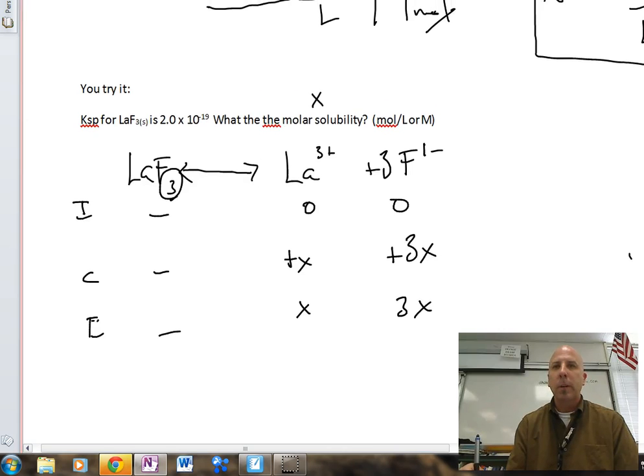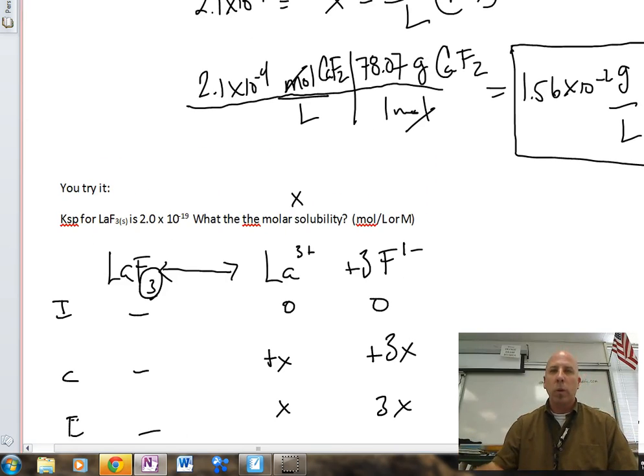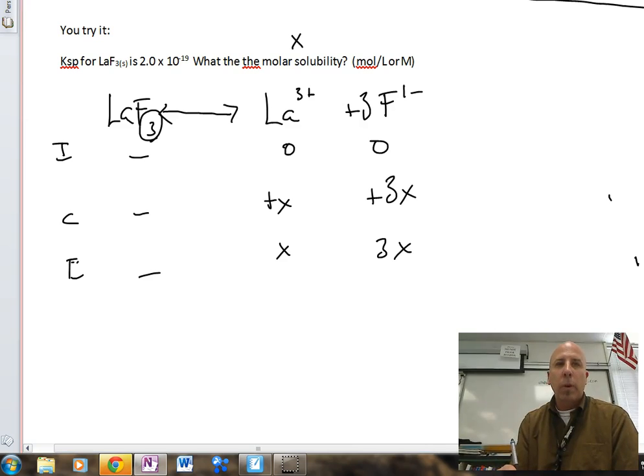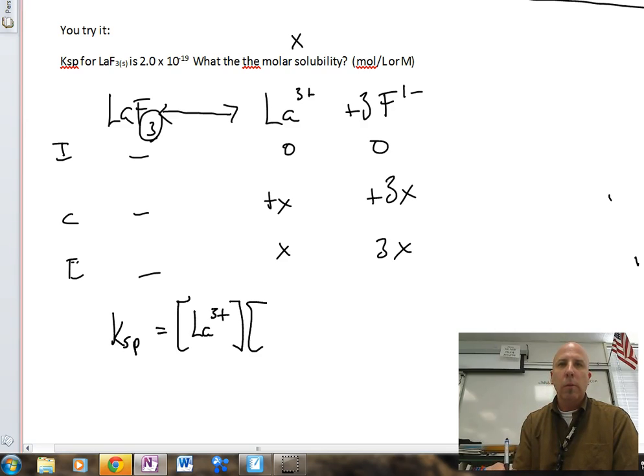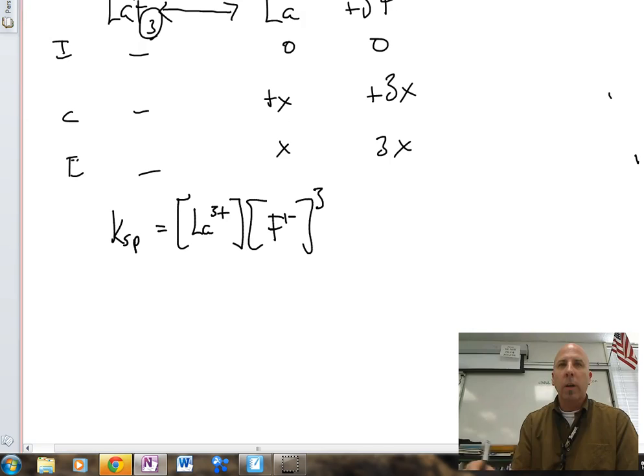Okay. What we'll do now is write our Ksp expression. So Ksp is equal to La3 plus times F1 minus, and we're going to cube that guy. And now we're just going to plug our values in here.